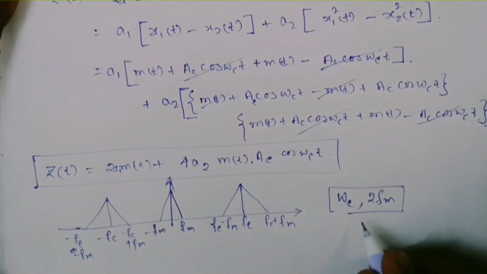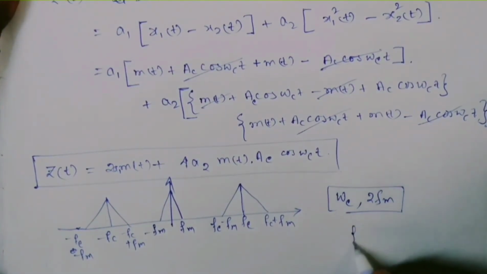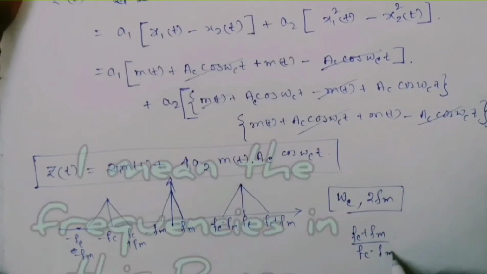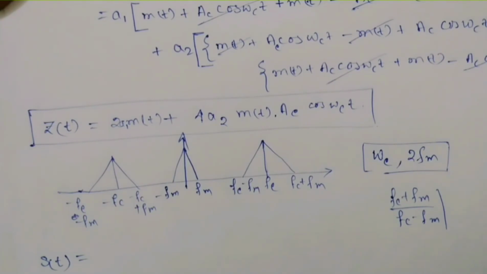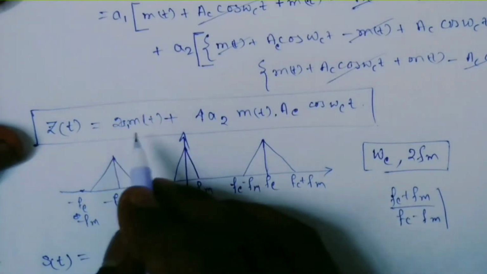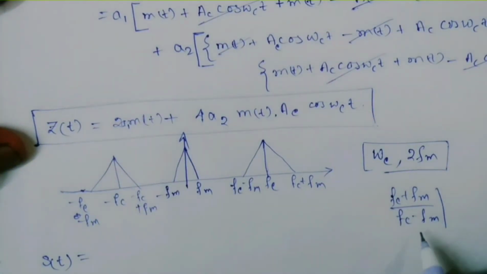That is, it will pass signals of frequency fc plus fm and fc minus fm. So the output, suppose s(t), will permit only this signal and restrict this signal, because it will allow frequencies of this region.